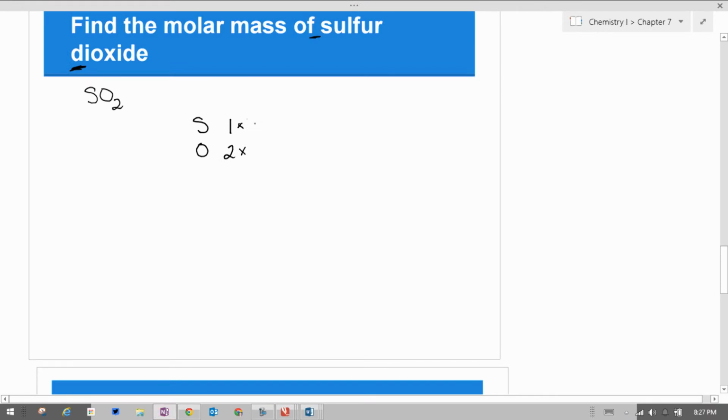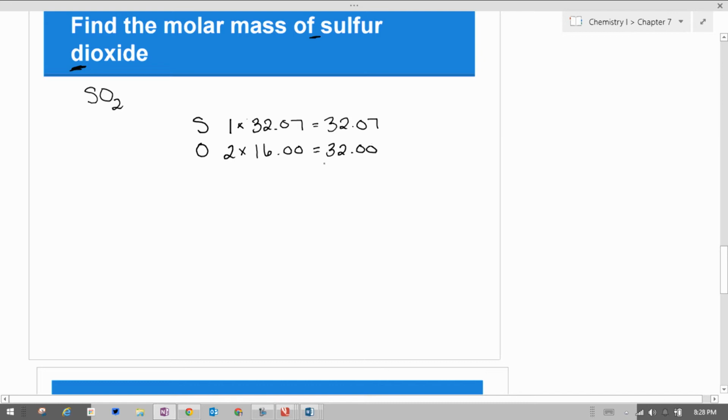So sulfur is 32.07, and 1 times 32.07 is 32.07, and 2 times 16.00 is 32.00.